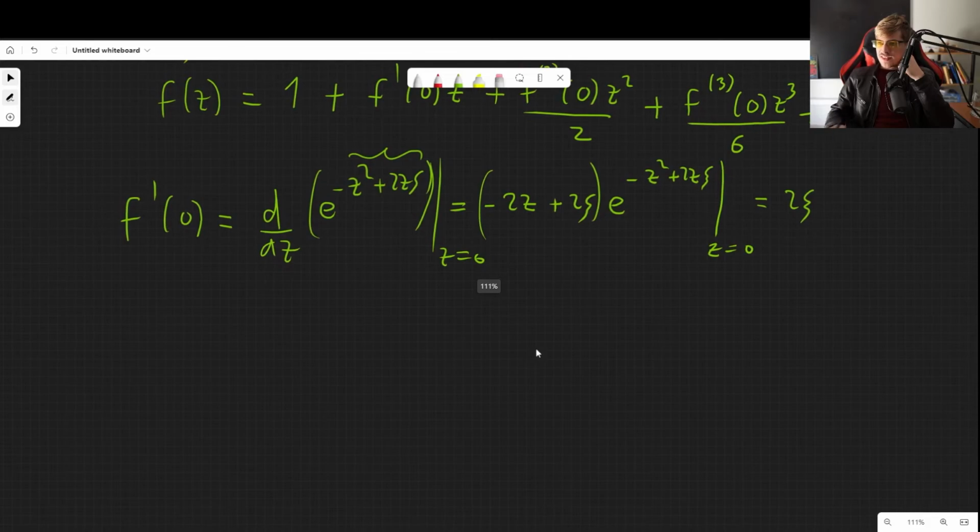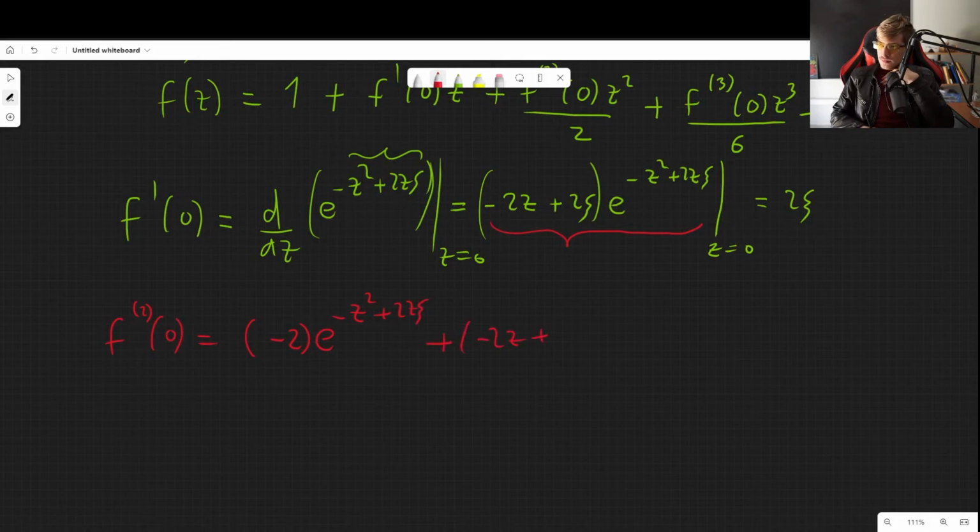Okay, so the second derivative, so f double prime, this will be the derivative of this, and then we have to evaluate it at 0. So the derivative of the parentheses will be minus 2 times e to the minus z squared plus 2z psi, plus the parentheses minus 2z plus 2 psi times the derivative of the exponential. But the exponential will simply give us this parentheses again, so we can square it, and there we go.